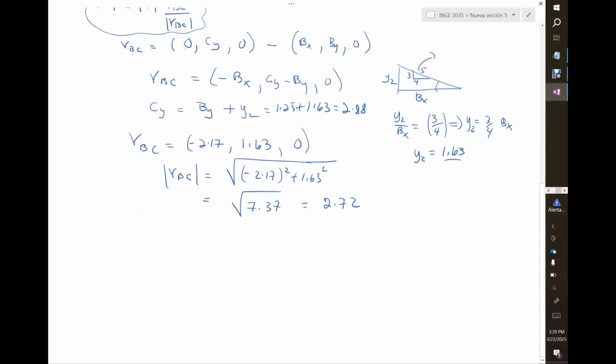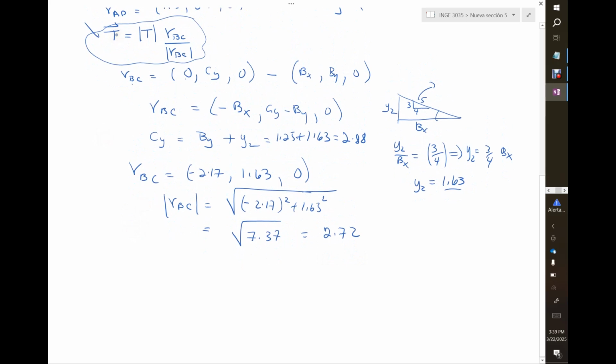And now finally, when we substitute all that here on the tensor T equal to the 1500, that's the magnitude, multiply, and be careful here, R_BC over the magnitude of R_BC of that vector, then what we have is negative 2.17 divided by 2.72 here, and the other point is positive 1.63 divided by 2.72, and the last one is 0 over 2.72.